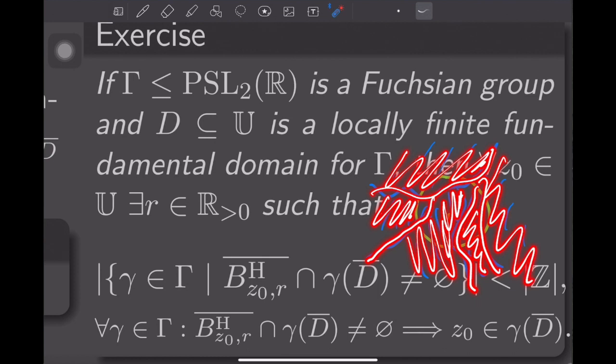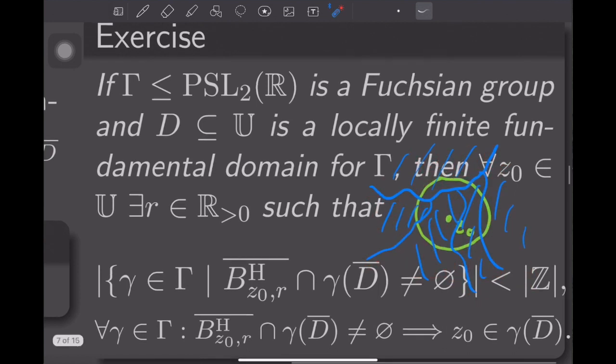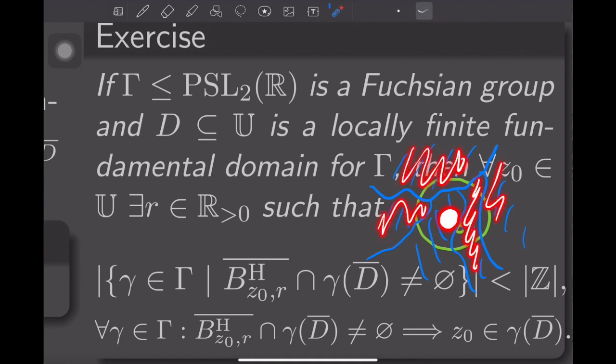So I can take around Z naught a sufficiently small radius so that the corresponding disk doesn't intersect any of those images that do not contain Z naught.